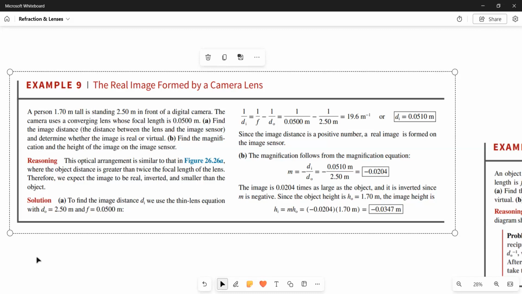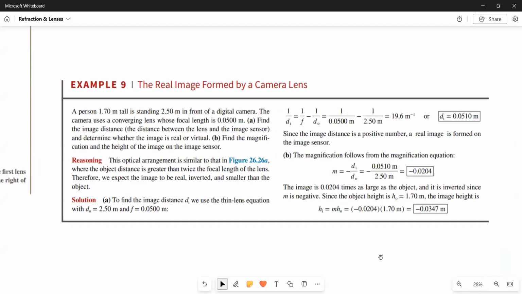They want you to find the image distance, that means the distance between the lens and the image sensor, and determine whether the image is real or virtual. Part B says find the magnification and the height of the image on the image sensor. This is like the cameras in your phone. They're telling you that this optical arrangement is similar to that in figure 26.26a. I think they mean this. Let me just go back.